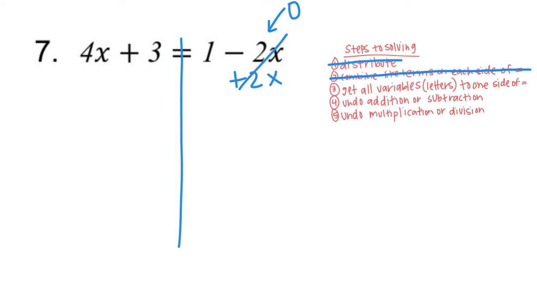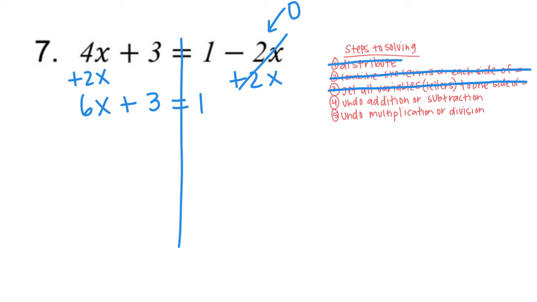And when I write it on the other side, I'm going to put it underneath that 2x so they can go together. So let's see what we have left. 4x plus 2x is a 6x. And then I have a plus 3 equals, and over here I'm left with 1. All right, so all our x's are on one side. We're done with that step.